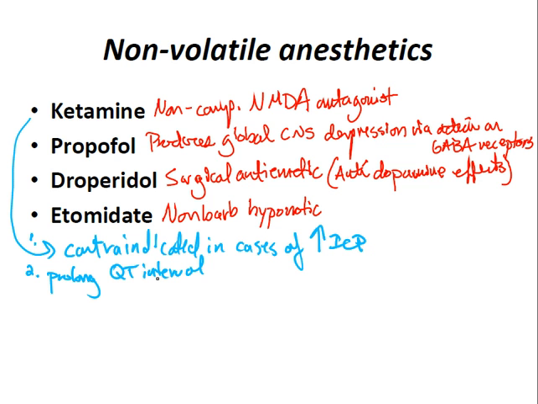Etomidate has a high incidence of something called myoclonus, a 30 to 60% chance of myoclonus. And long-term infusions can lead to adrenal cortical suppression.